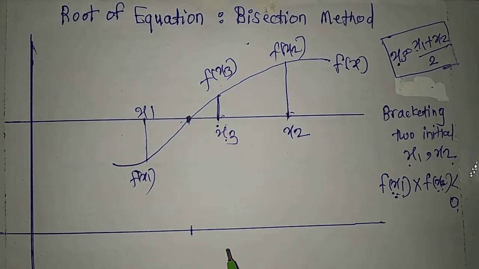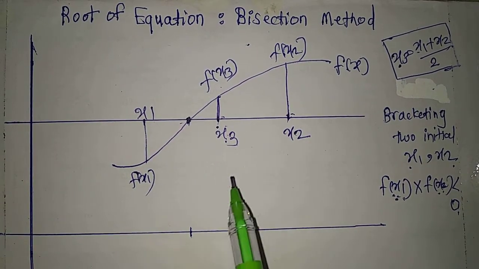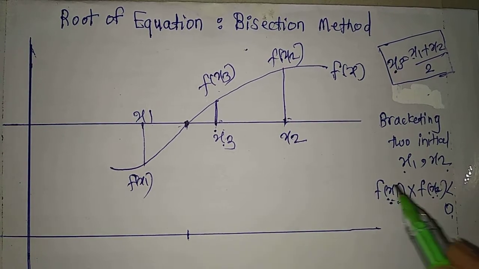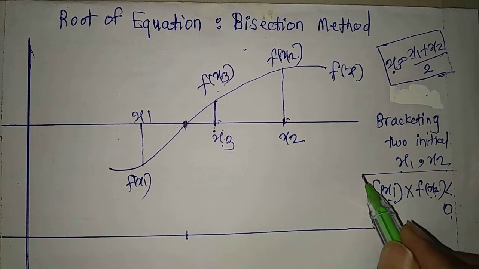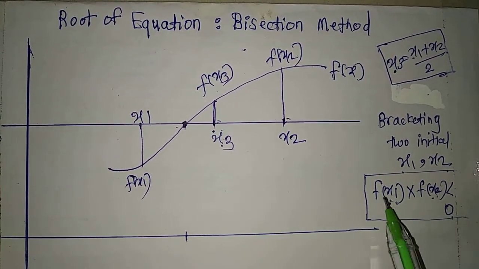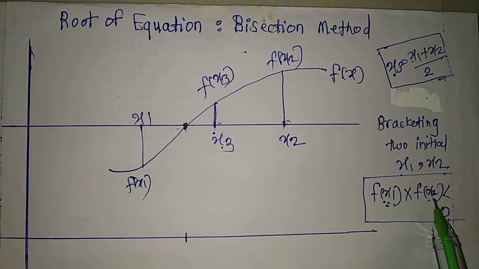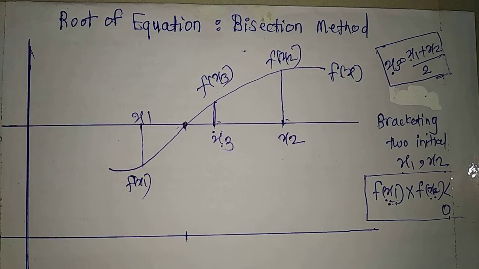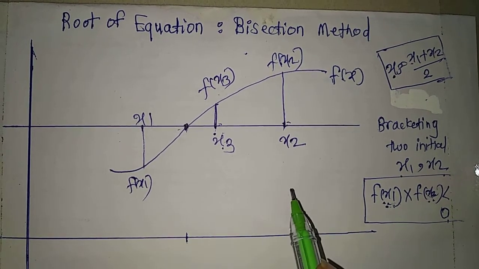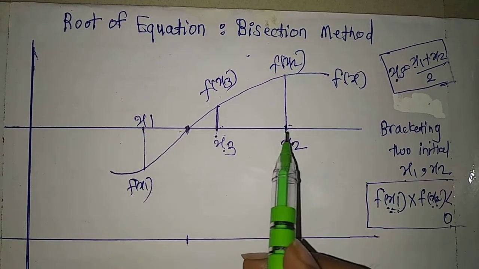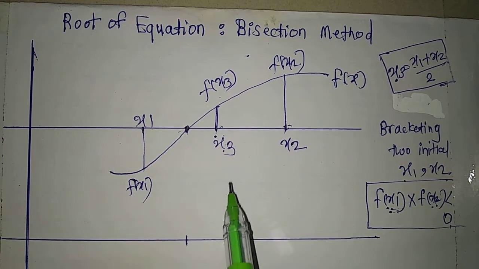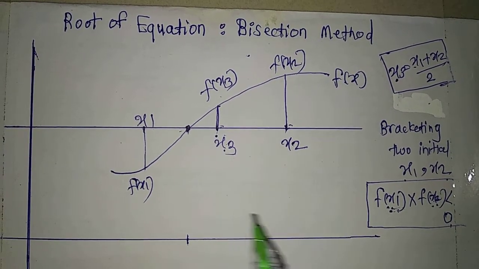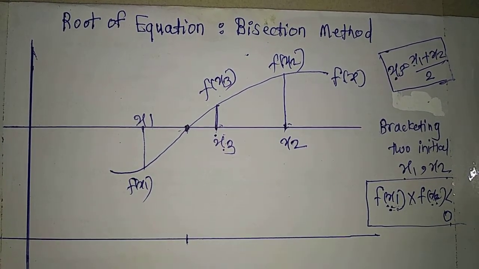So what is our convergence criteria? The multiplication of f of x1 and f of x2 should be less than 0. So we have to replace x1 or x2 by x3 to satisfy the convergence criteria.